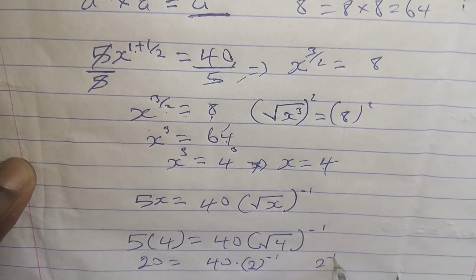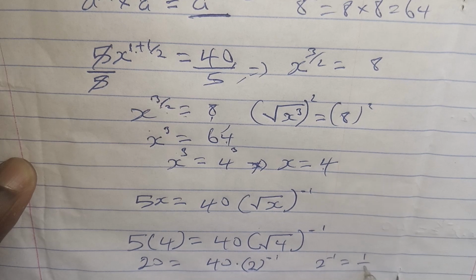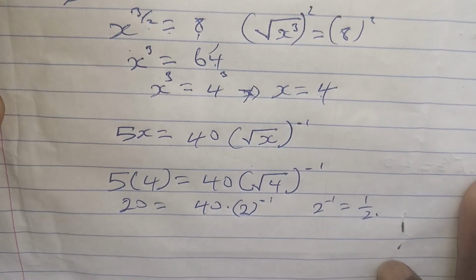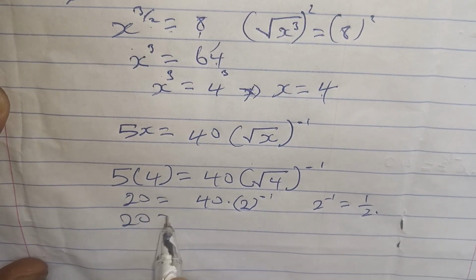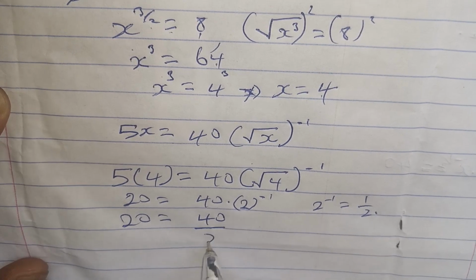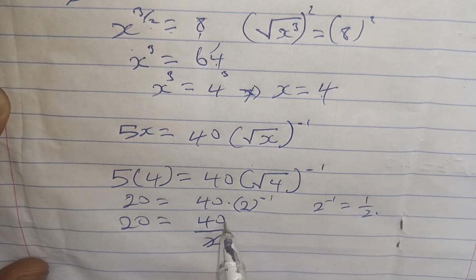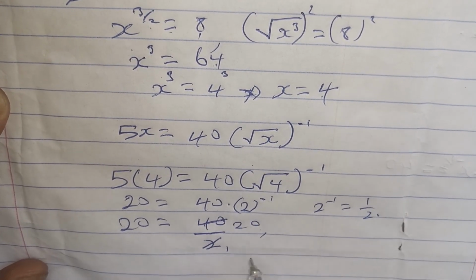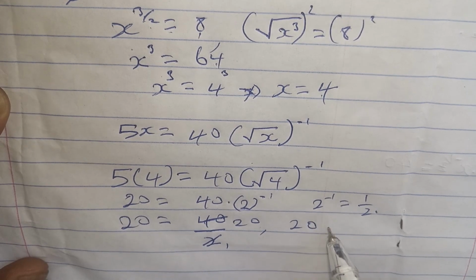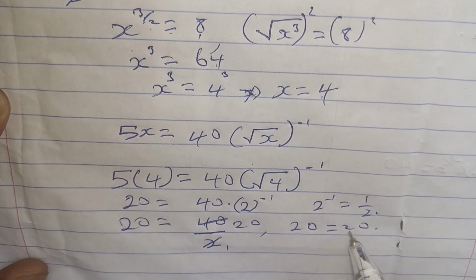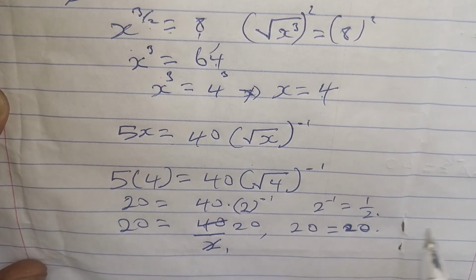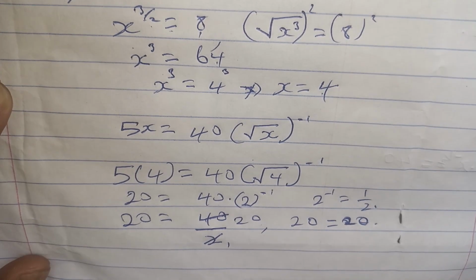Recall 2 to the power of -1 is equal to 1 over 2. So we have 20 is equal to 40 over 2, which is 20. So 20 is equal to 20. The value of x is correct.